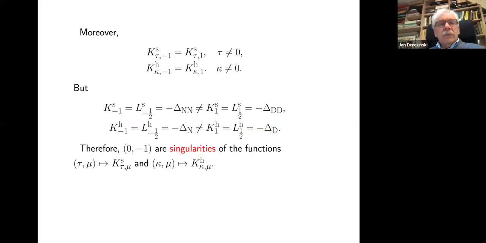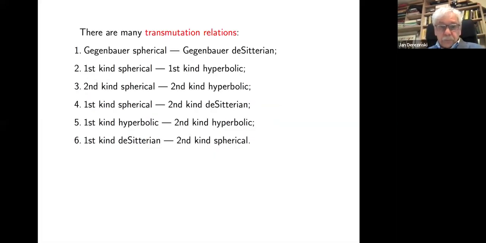Let me say, maybe I didn't explain this, all these families are holomorphic, which essentially means that the resolvents of these families depend holomorphically on the parameters. There are also many transmutation relations.